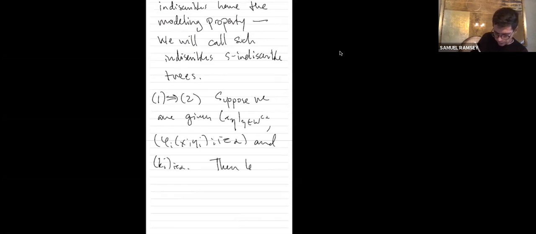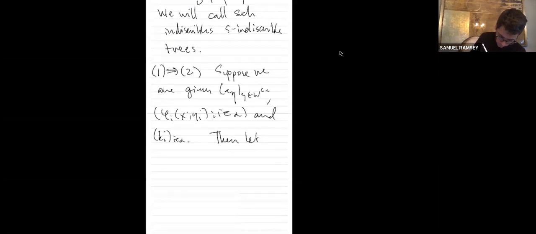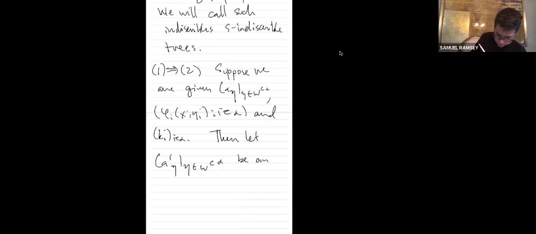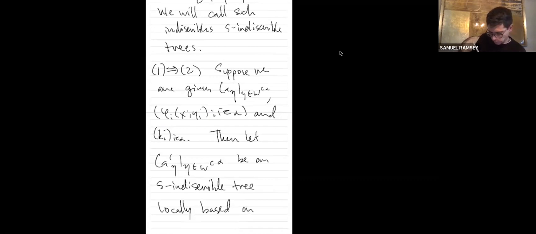Then let a'_eta, eta in omega to the less than alpha, be an s-indiscernible tree locally based on a_eta, eta in omega to the less than alpha.